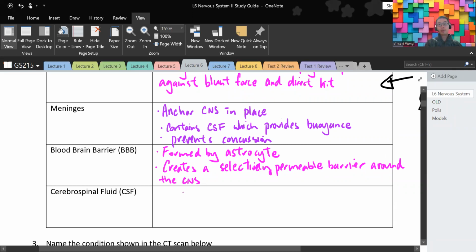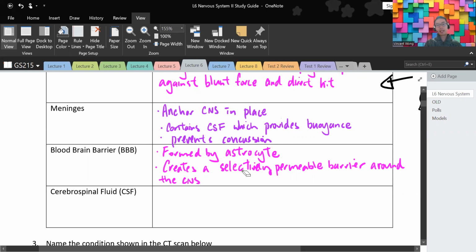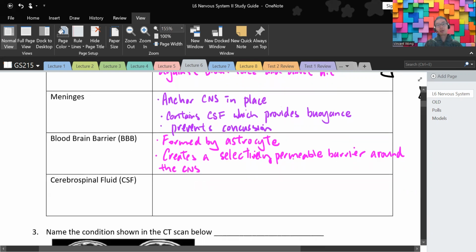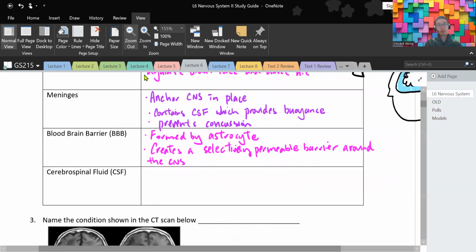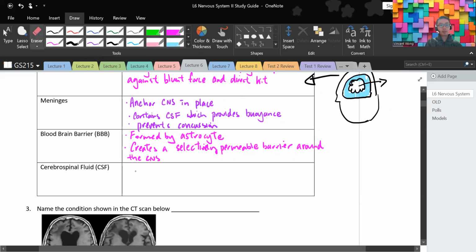It prevents certain toxins from going into the brain and the spinal cord, but it's not perfect. Many lipid-soluble substances can still cross the BBB and cause harm. Things like mercury can go through the BBB and still cause harm. Nevertheless, it's a good barrier that keeps most of the unwanted stuff out of your brain and spinal cord. Last but not least, we have the cerebrospinal fluid. This is formed by ependymal cells.